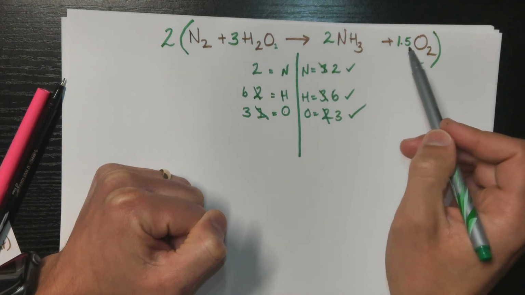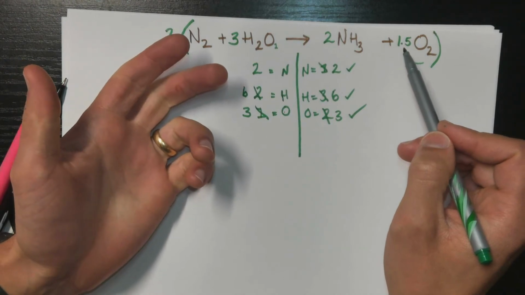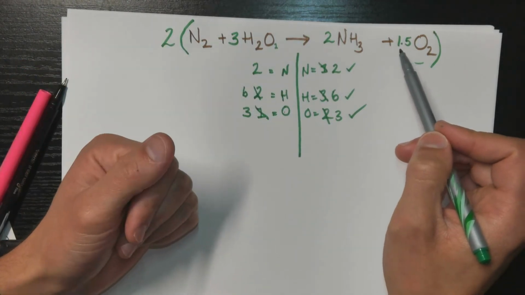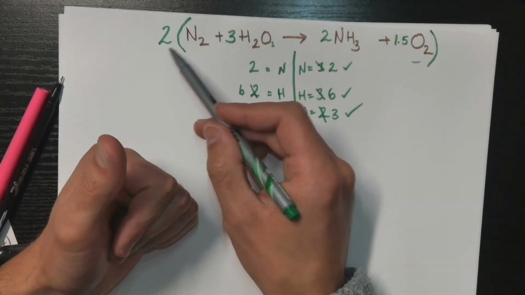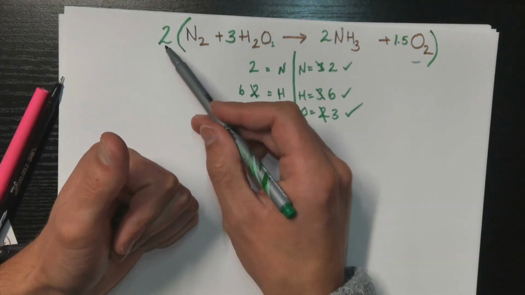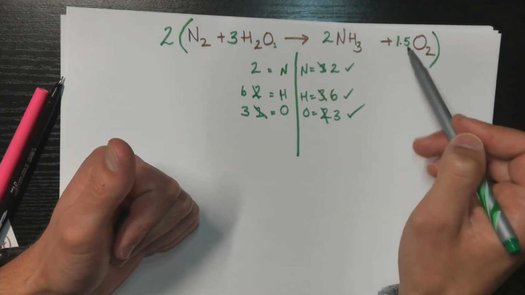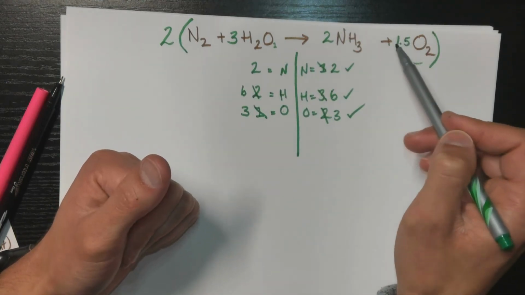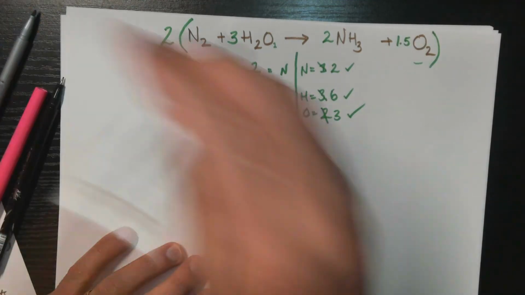I know if I multiply 1.5 by 2, I'm going to get 3, and that's a whole number, and that's fine. So I'm going to multiply it by the smallest number I can think of. 1 doesn't work. So how about 2? I'm going to multiply it by the smallest whole number I can think of and get that number to equal a whole number. So let's rewrite the equation with these new numbers.